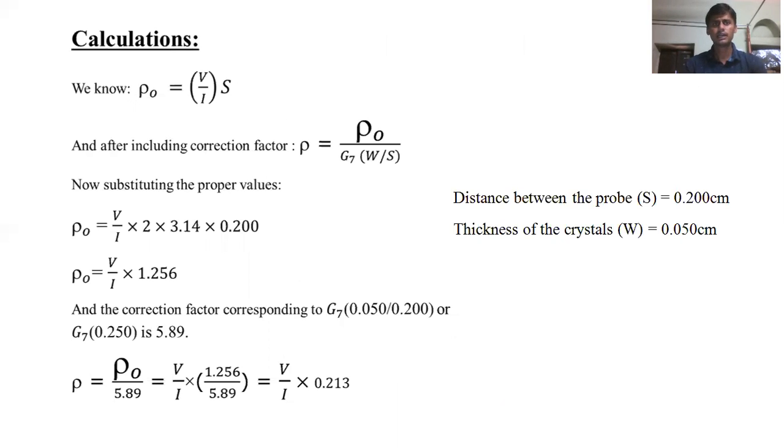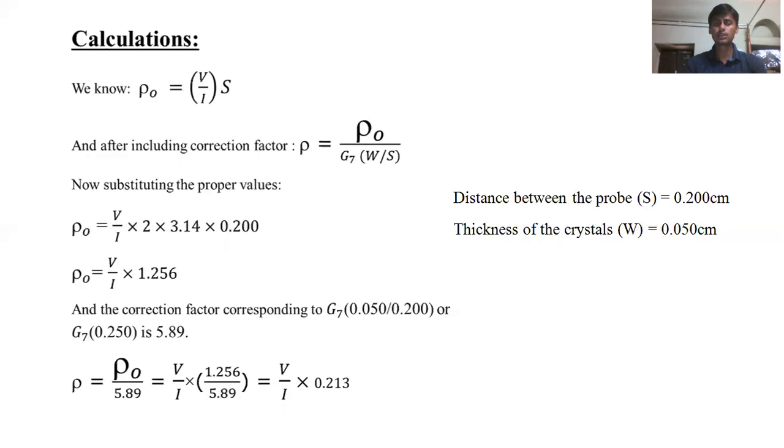Now substituting the proper values. So rho naught equal to V by I into S, where S is the circumference, 2 pi R, and R is the consecutive probe distance, that is 0.2 centimeter. So rho naught equal to V by I into 1.256. And for the germanium semiconductor, this formula will be changed, and here you use the correction factor G7.